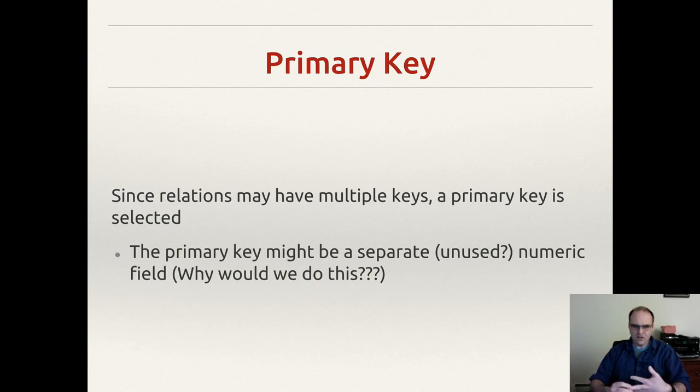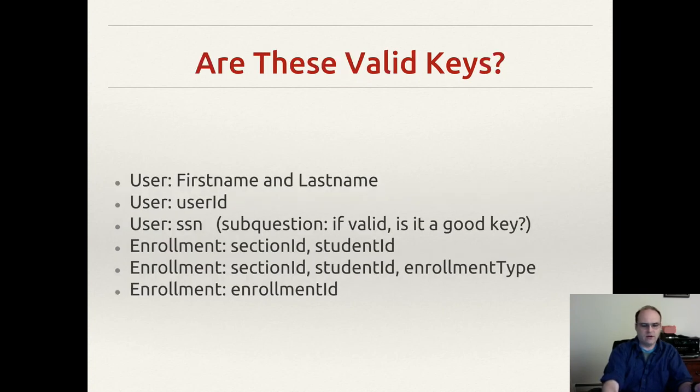Now, once we've identified that, what we choose, whether it's, like we just discussed, an unused numeric field. What I mean by that is, if you go back here, enrollment ID is unused. It had no purpose, right? It is not representing the section ID you're enrolling. It is not representing the student ID, and it's not representing the type.